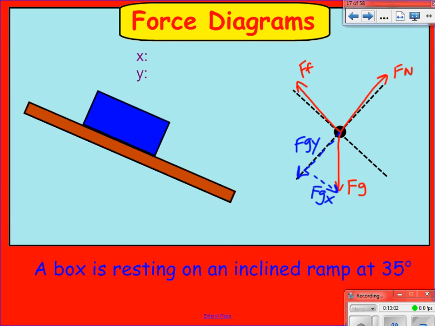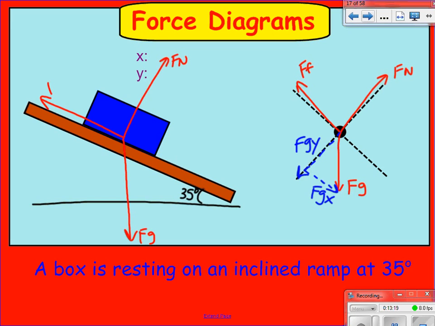So we've got the floor right here, and we're told that it makes 35 degrees. Now, we know that force gravity goes straight down, force normal goes up perpendicular, and then force friction goes along like this. Now, I'm going to draw in the force gravity in the y direction and force gravity in the x direction.